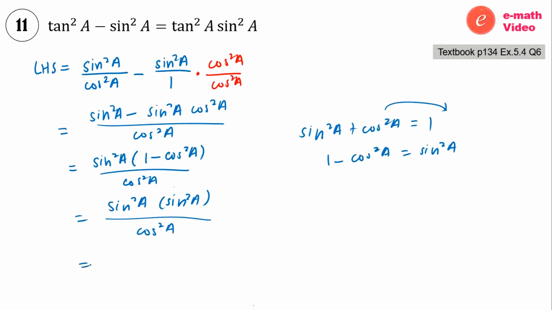So we split the fraction into 2. Sin square A over cos square A times sin square A. This one equals tangent square A times sin square A.